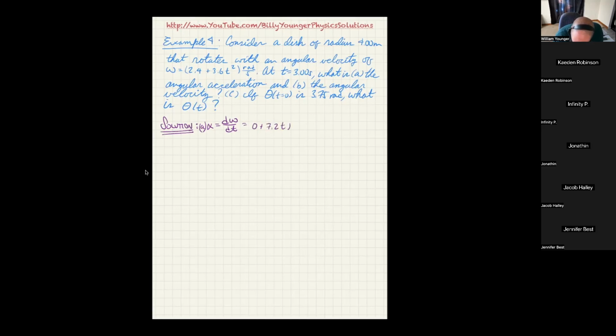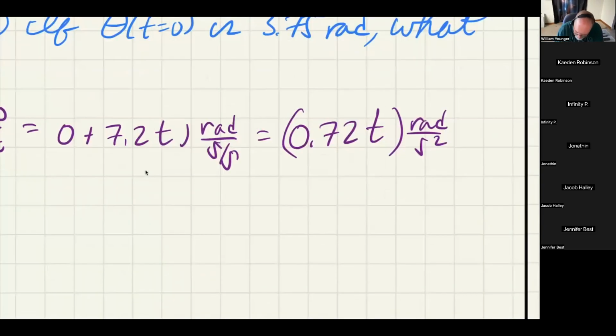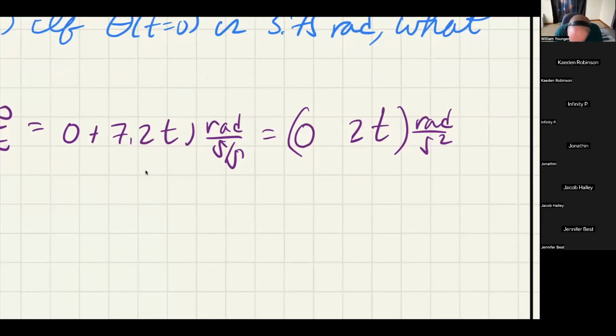And of course, that comes out in radians per second squared. Which, like I said before, you can write as 7.2 radians per second, but in this case, I'm actually trying to write it in a more convenient way.